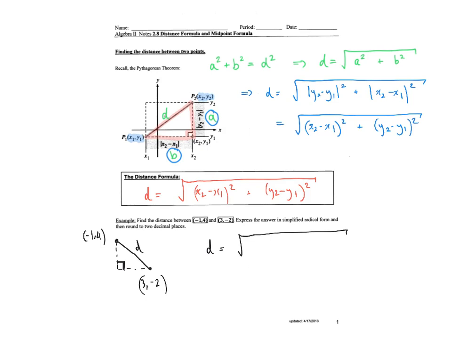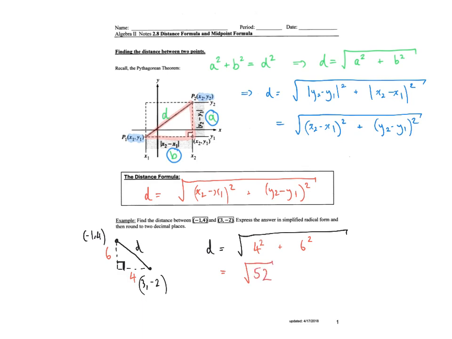Now it's really the difference in the x coordinates, which here we can see -1 up to 3 gives us a change in x of 4, and -2 up to 4 gives us a vertical change of 6. So our distance formula tells us to take the square root of 4 squared plus 6 squared, which is simply the square root of 52.